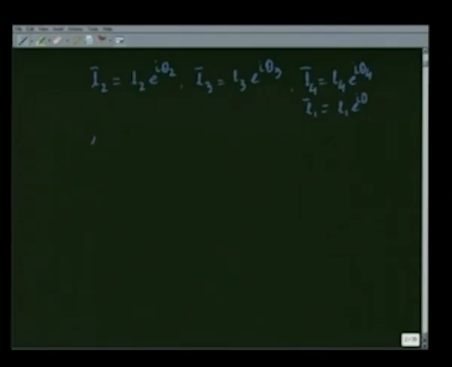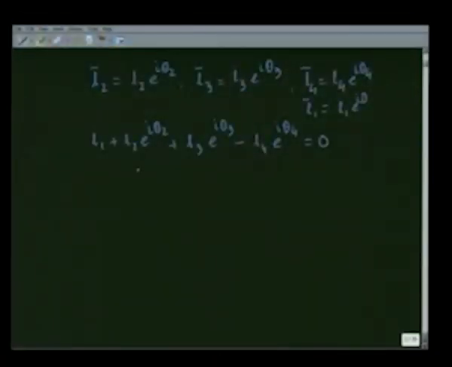So, we get L1 plus L2 e to the power i theta 2 plus L3 e to the power i theta 3 minus L4 e to the power i theta 4 is equal to 0.